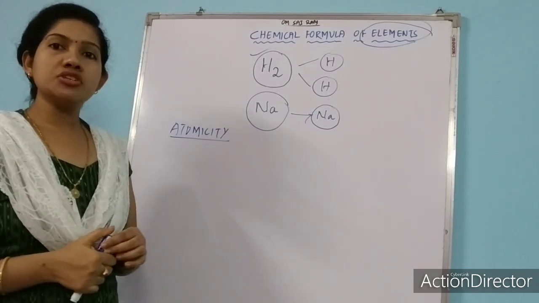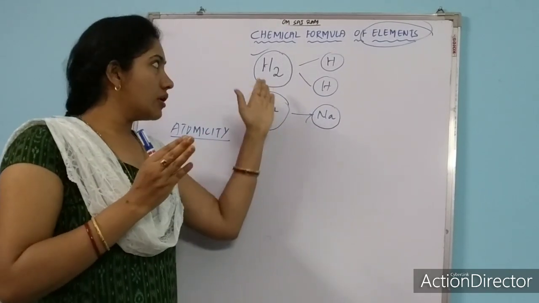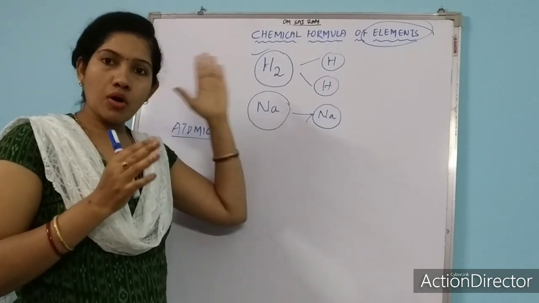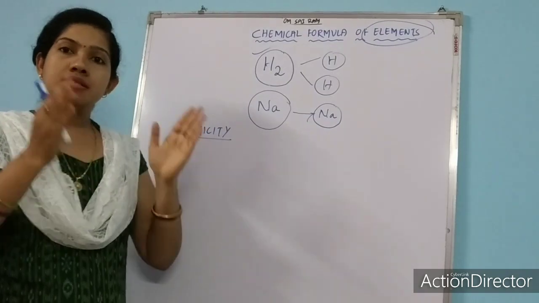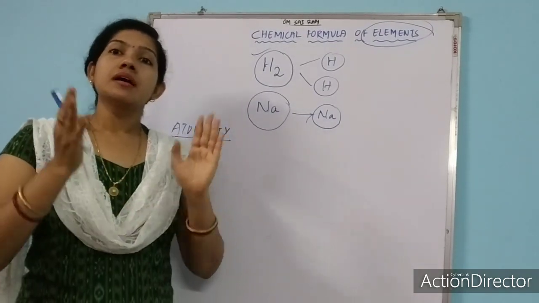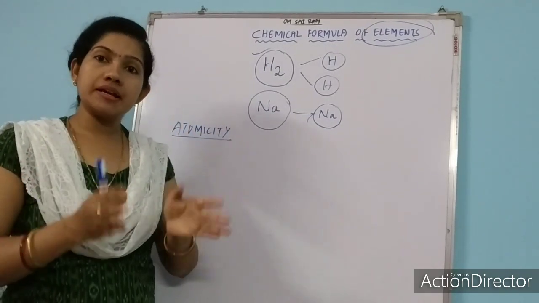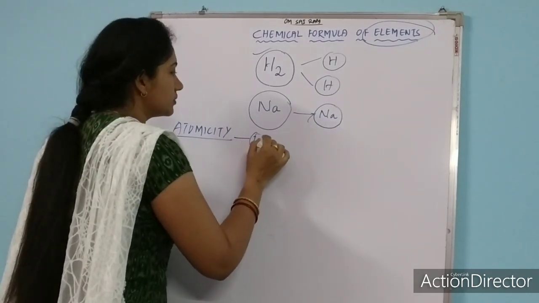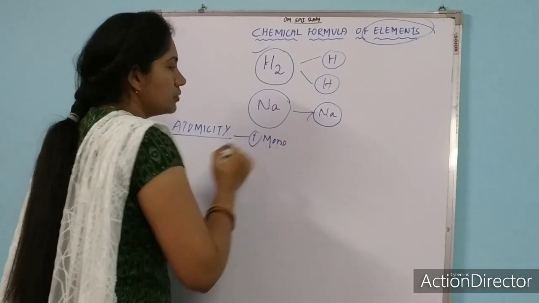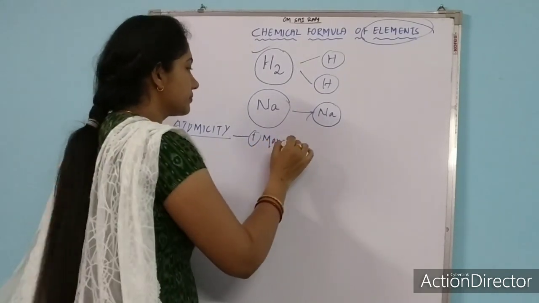The hydrogen molecule, or hydrogen element, is a combination of 2 hydrogen atoms. Some elements contain only a single atom, and that kind of element we call monoatomic.